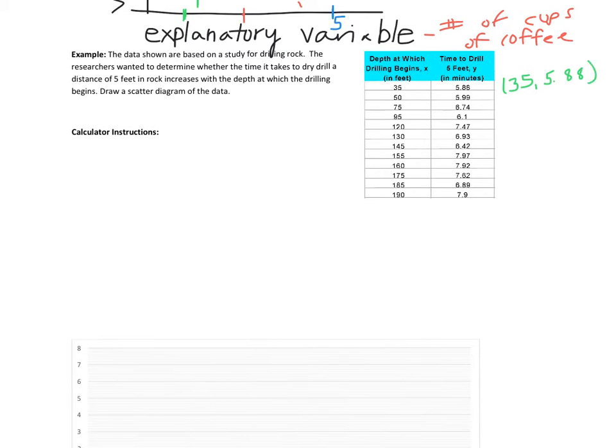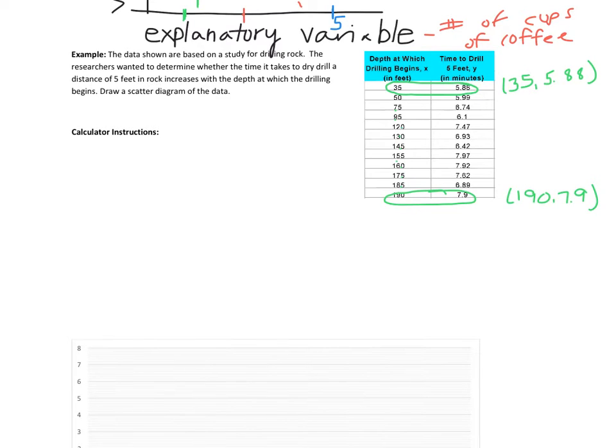This was measured, and these 2 values correspond, so it's going to form an XY pair. And we're going to go all the way down to the very last value and do that too. Okay, so we have 1, 2, 3, 4, 5, 6, 7, 8, 9, 10, 11, 12 to graph.